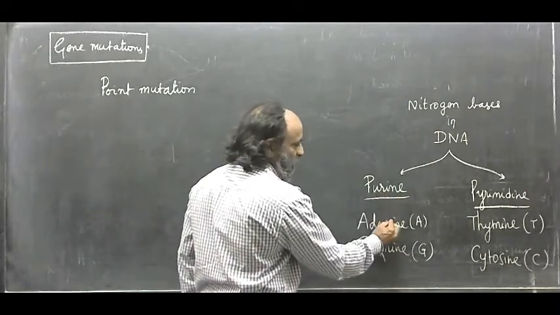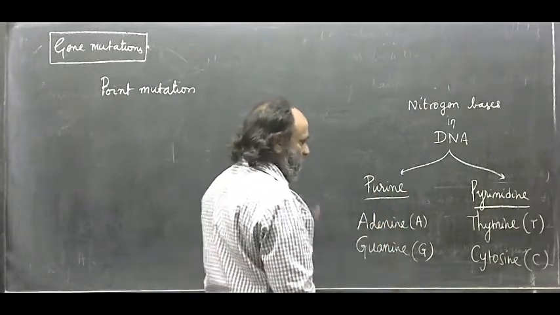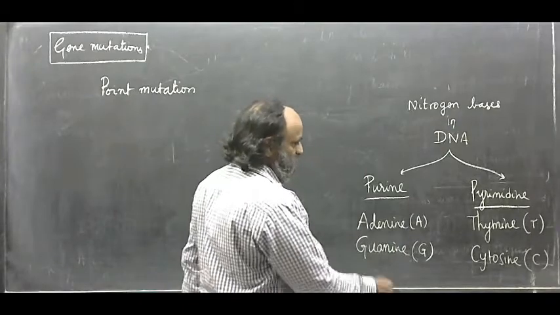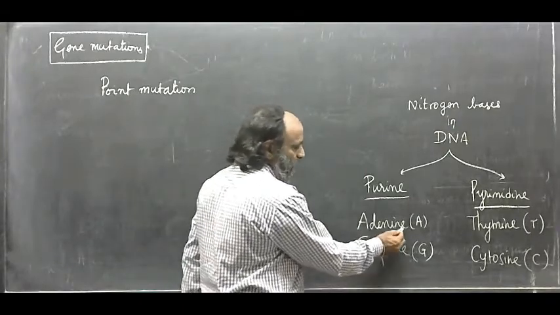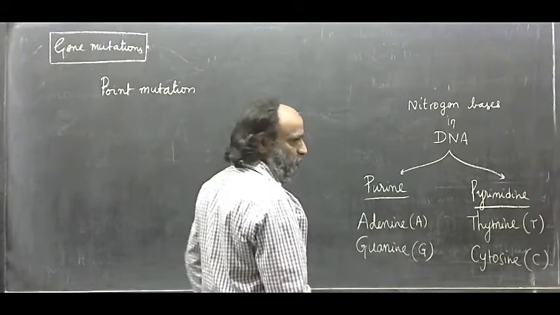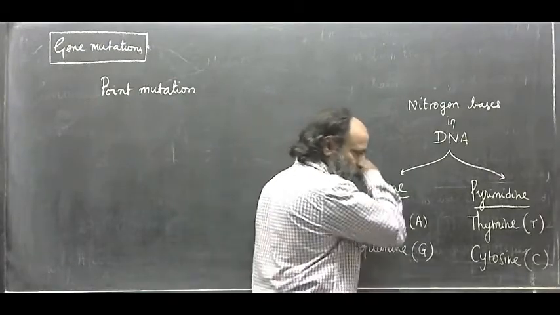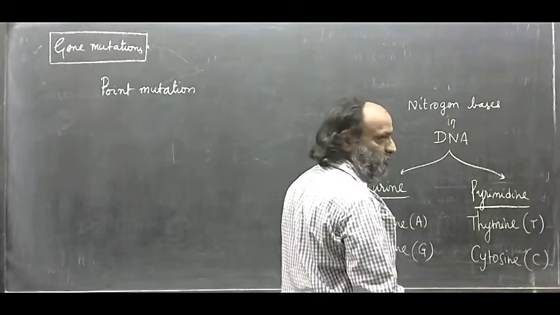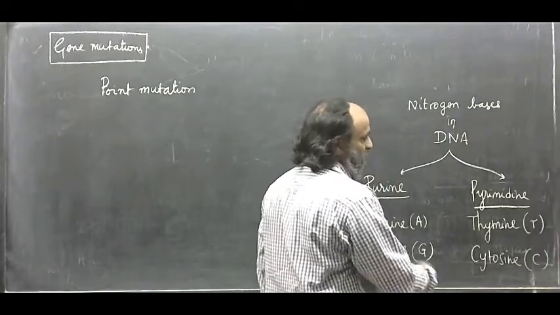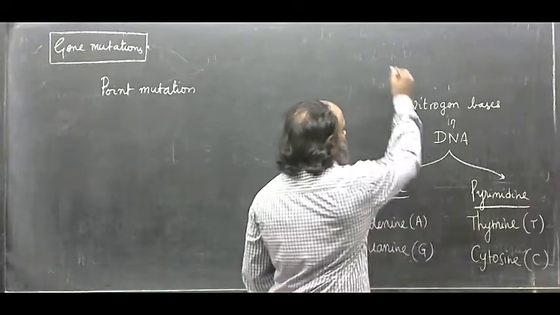These nitrogen bases form their respective nucleotides. For example, adenine forms the adenine nucleotide, guanine its nucleotide, similarly thymine and cytosine. So what is a nucleotide?